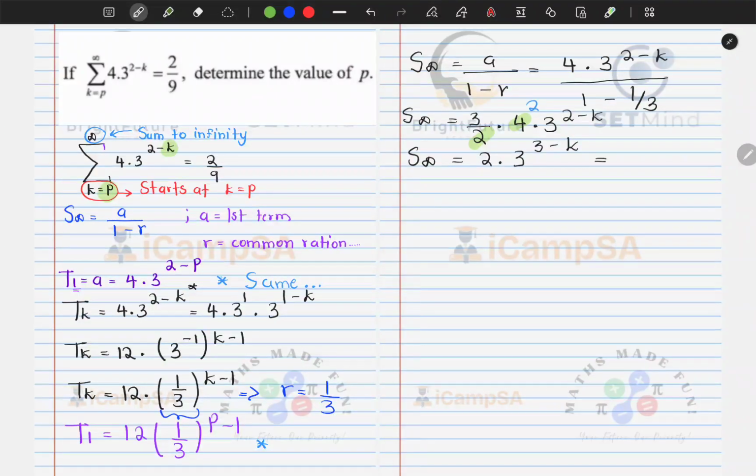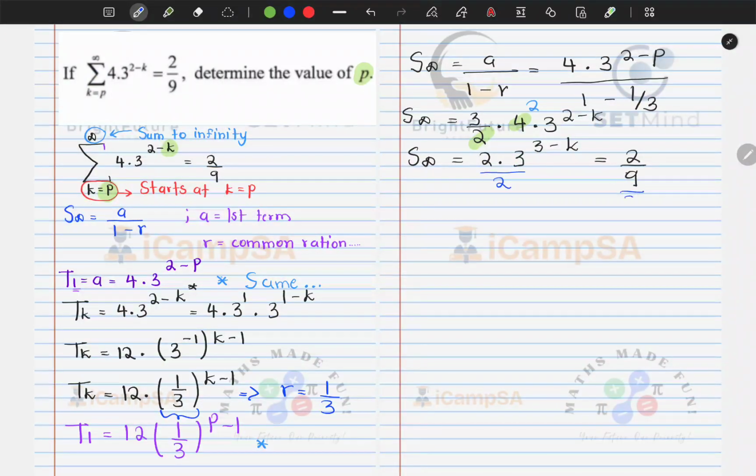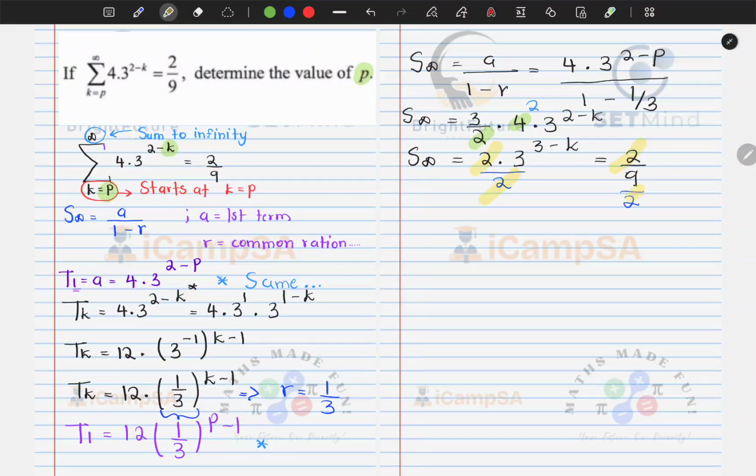But remember that this is actually equal to 2 over 9. What we are looking for is p, so sorry, we were supposed to replace k with p. So this should be a p here. Now we can start solving by dividing by 2 on both sides, and you will see the 2 cancels. What we are left with is 3 to the power of 3 minus p, which is 1 over 9.